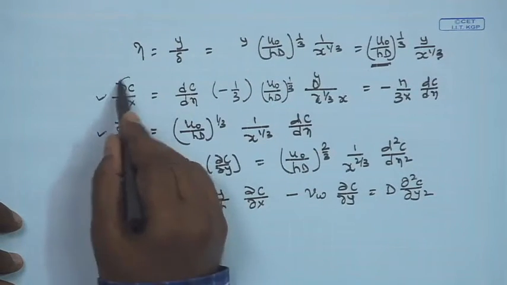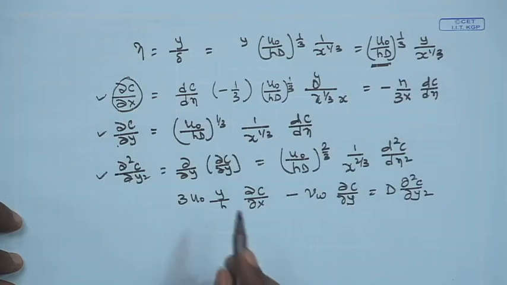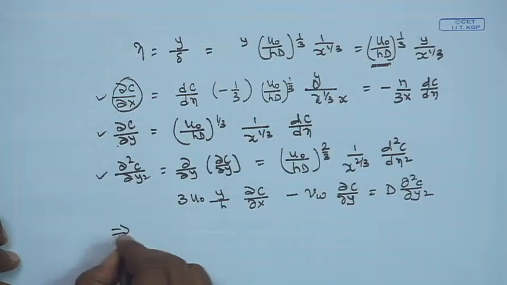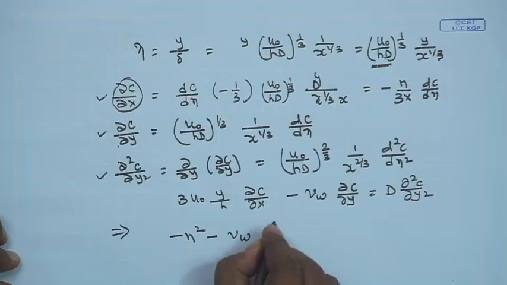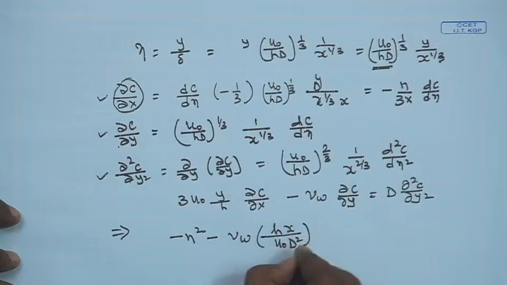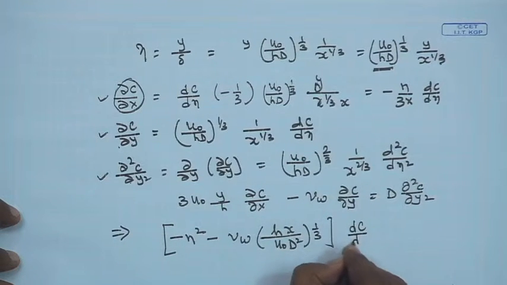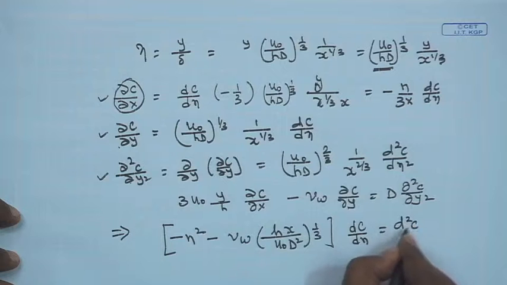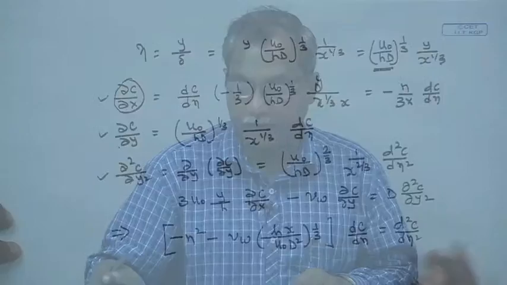So, I am replacing del c del x, del c del y, and del square c del y square into this equation, and after simplification, the final version of the equation becomes eta square minus v w h x divided by u0 d square raised to the power 1 upon 3, d c d eta is equal to d square c d eta square. So, we see that the partial differential equation has now boiled down into an ordinary differential equation.